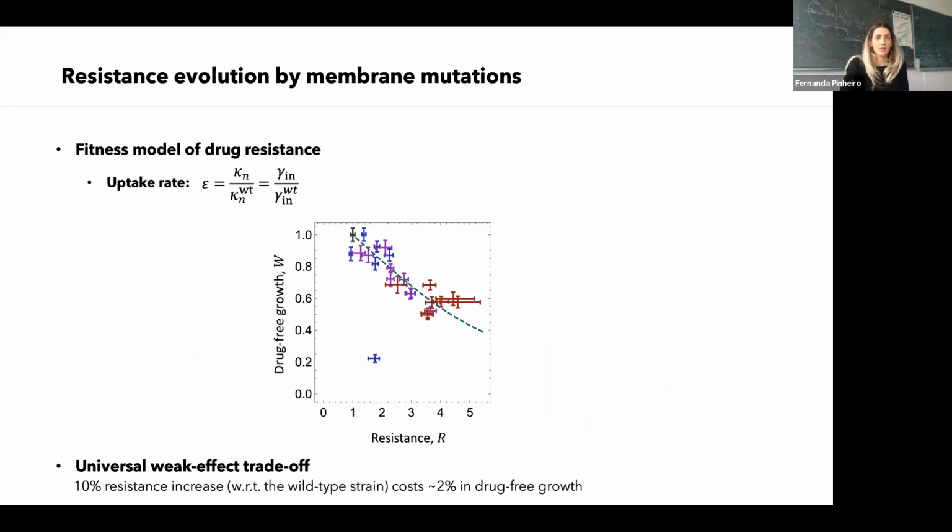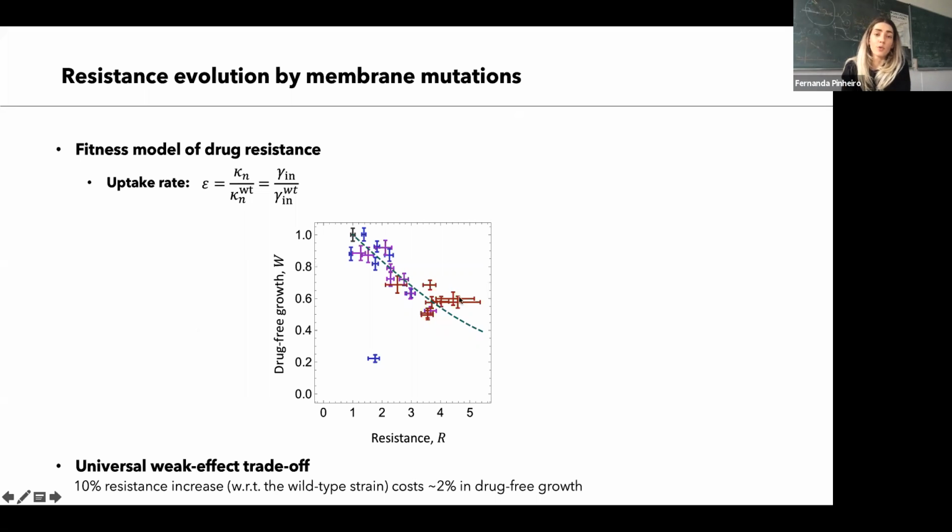Okay, so one thing that is very interesting about this trade-off is that it only depends on the evolutionary resistance mechanism and on broad metabolic parameters of the wild type. So in order to get this line, we don't need to know specific details of the genetics behind these mutants, just the mechanism.